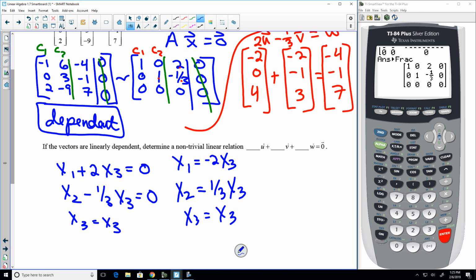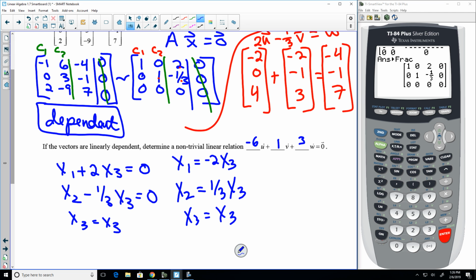We can't make it 0, right? That would be the trivial solution. We're looking for non-trivial. You could choose 1. I'm going to pick 3 just to cancel this fraction out over here. It's going to make that one 1, and this will be -6.